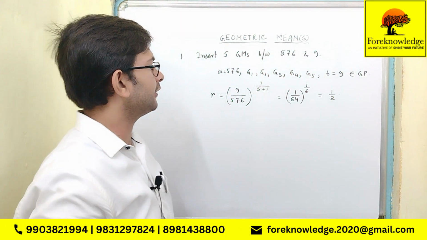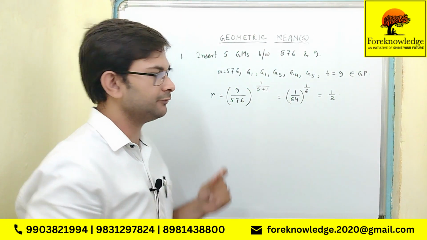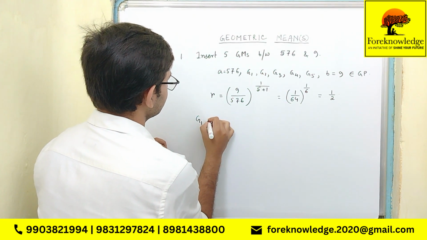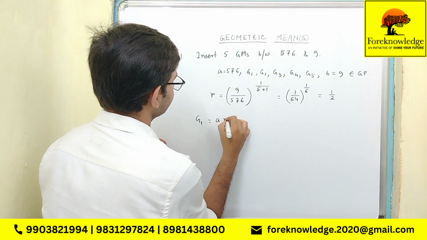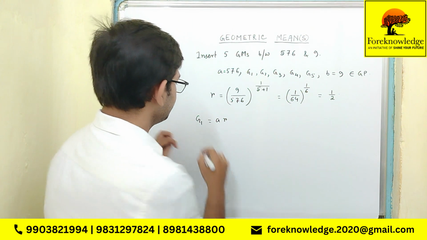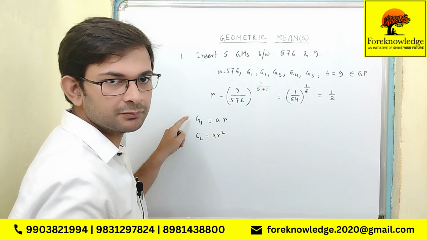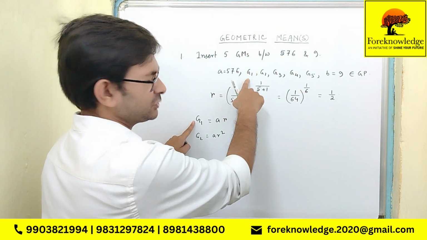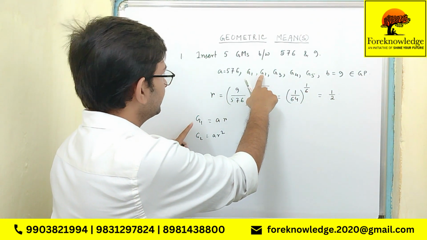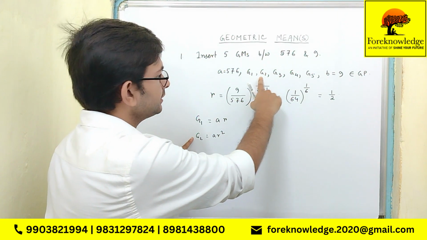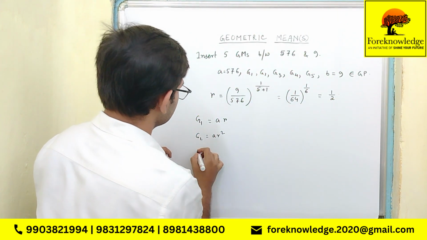Now we have to find the geometric means one by one. G1 is nothing but A into r, G2 is A r square. This is the second term of the GP, this is the third term of the GP, this is the fourth term of the GP, and so on.